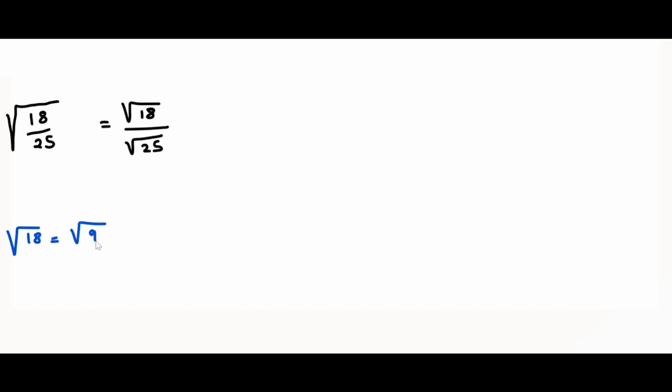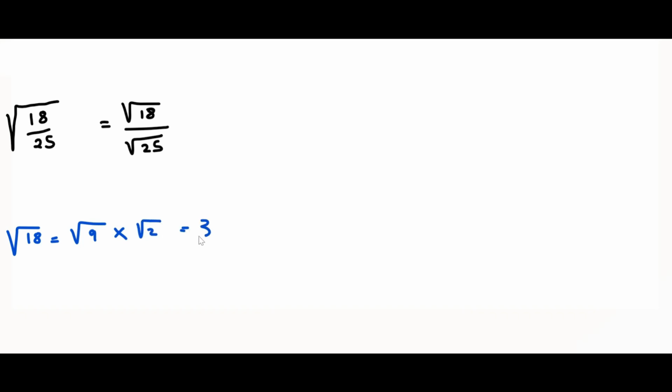Looking at another example, we have root 18 over 25. Now to work this out, we would split it, and this will be rewritten as root 18 over root 25. Now we just need to simplify each surd. So root 18 can be rewritten as root 9 multiplied by root 2.